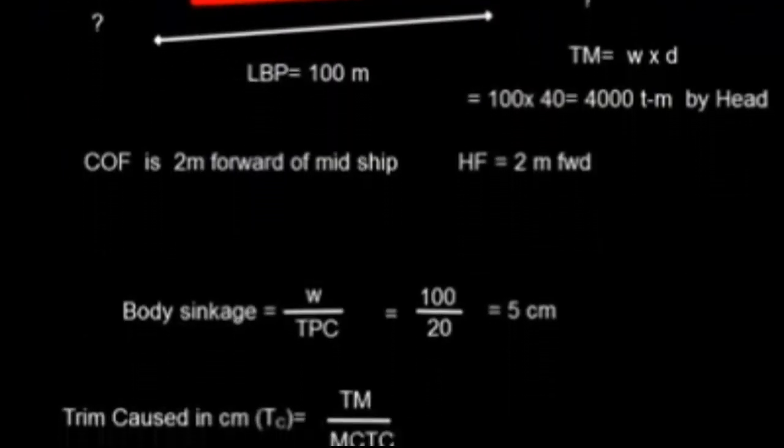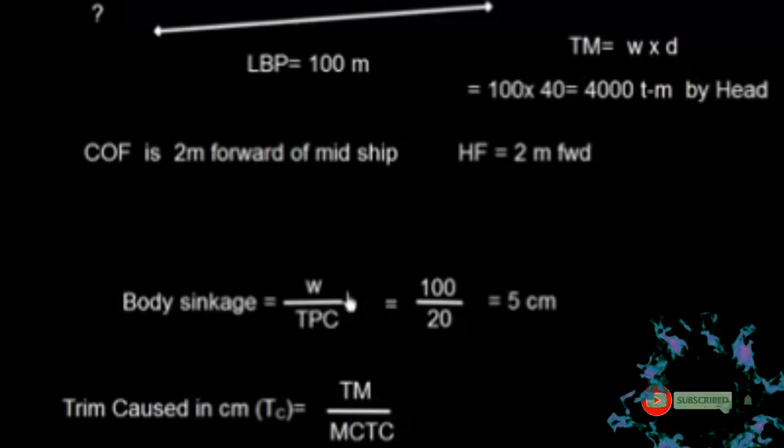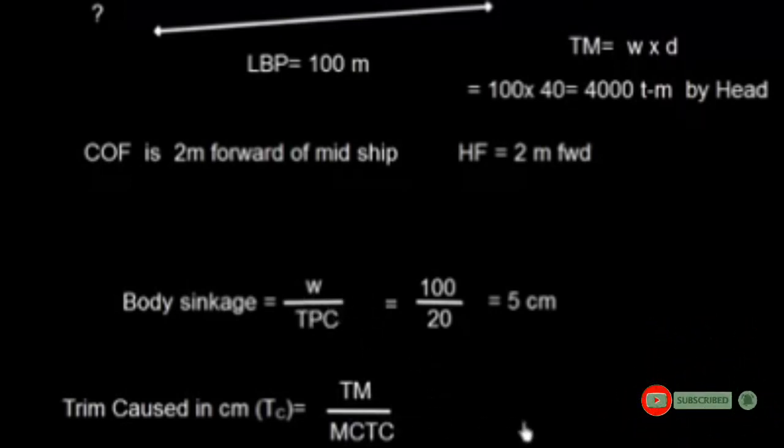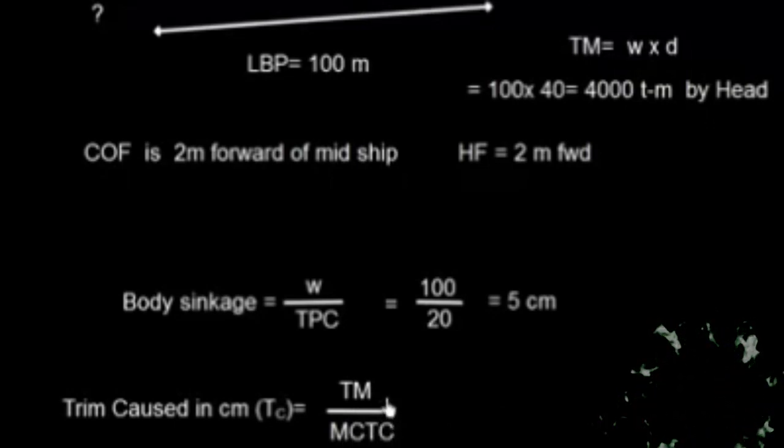Now let us find this trim cost. Well, trim cost in centimeter is trimming moment by MCTC. The concept of trimming moment and MCTC is similar to the TPC. MCTC means moment to change the trim by 1 centimeter. So if I have the total trimming moment of 4,000 ton meter, if I divide that by MCTC, I will get the trim in centimeter.